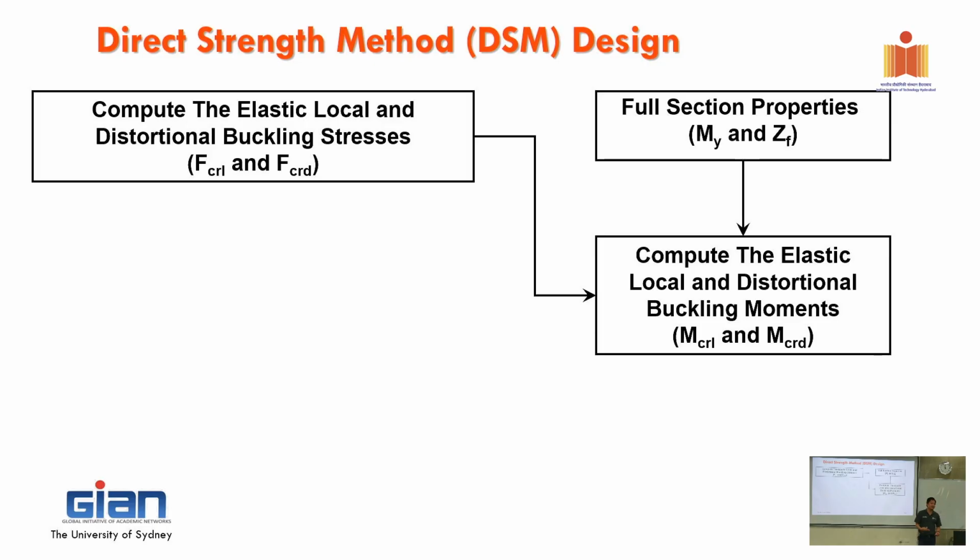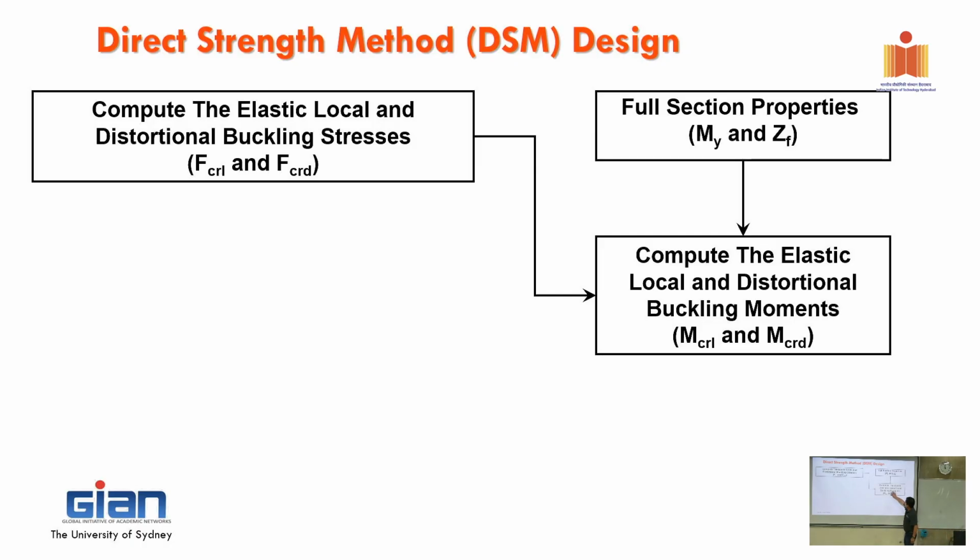It means that in practice, as you remember in the effective width method, the local buckling has a little bit of improvement because of post-buckling, or maybe it goes a little bit down because of imperfection or residual stress, and that will affect the strength.